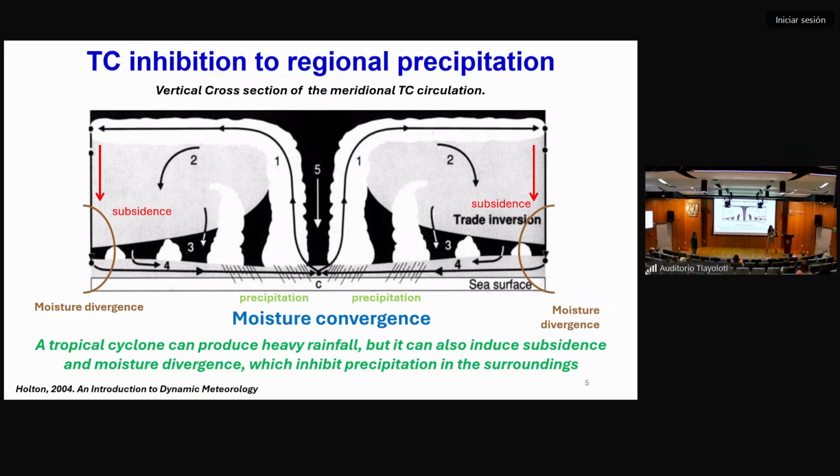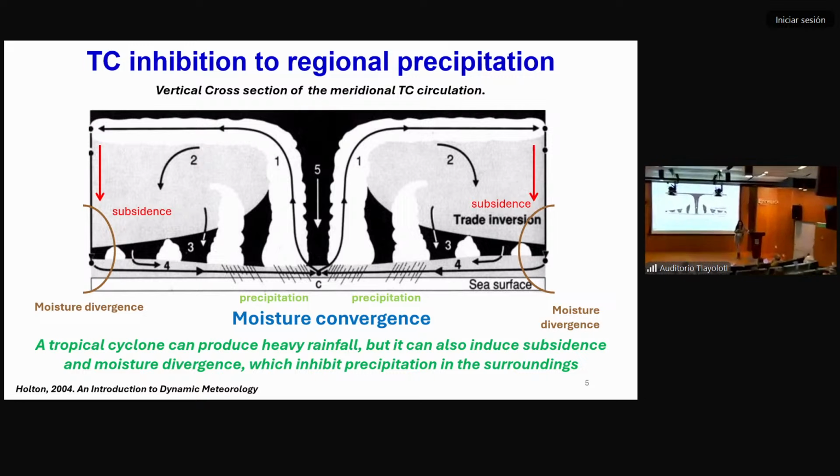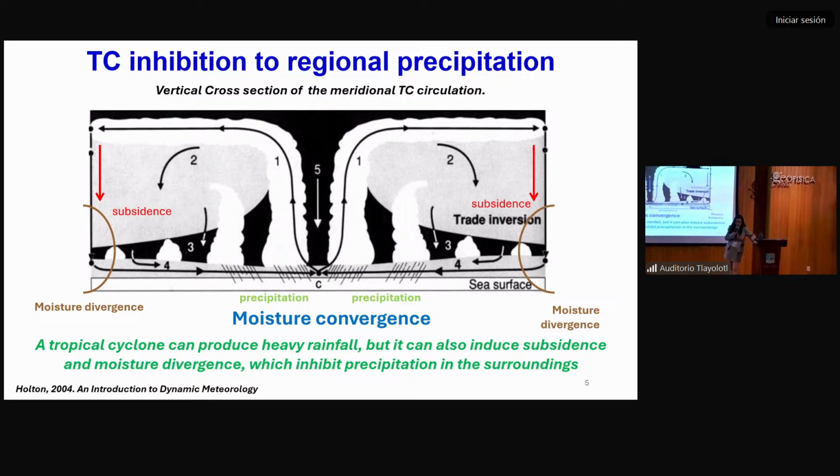These are very difficult patterns and conditions to analyze. But I can tell you that some of the cold surges are linked to mesoscale convective system activity, but not all of them. Some of the cold surges are only produced by strong winds that travel northwards.